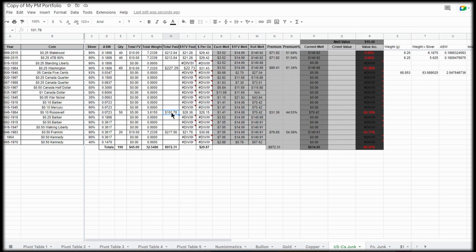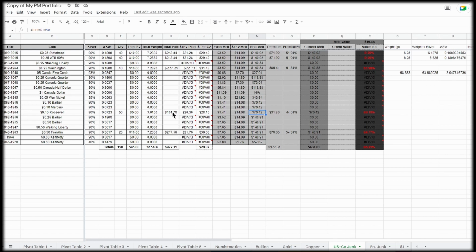whereas we paid $101, with 3.6 ounces in that roll, so that gives us $28.15 per ounce. So total $101 that we paid, and melt cost based on spot price is $70.42.